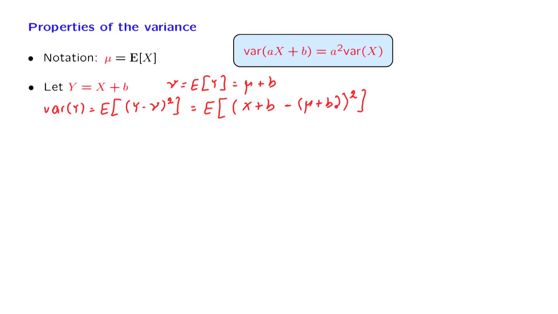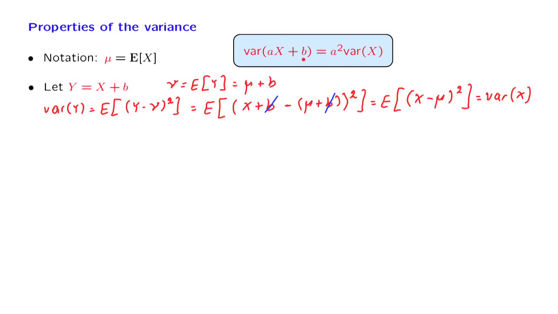And now we notice that this b cancels with that b, and we are left with the expected value of x minus mu squared, which is just the variance of x. So this proves this relation for the case where a is equal to 1.